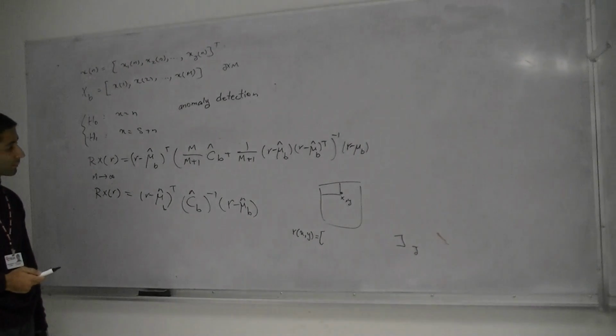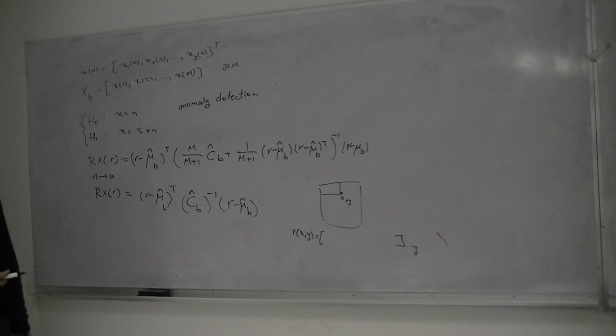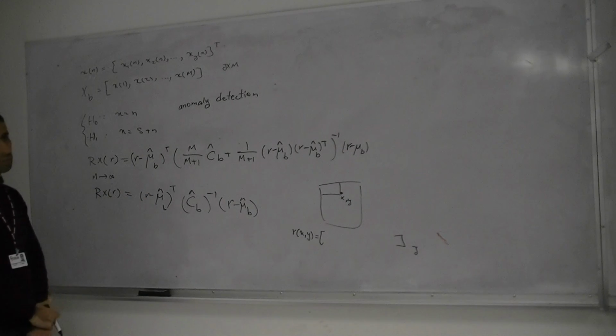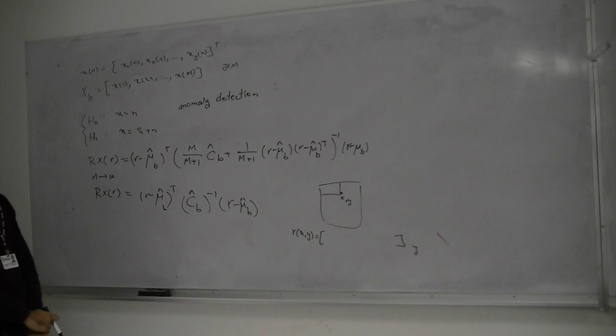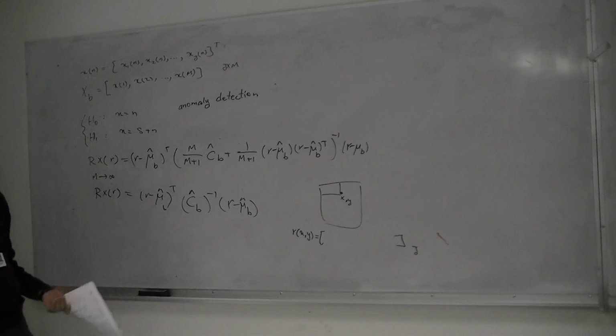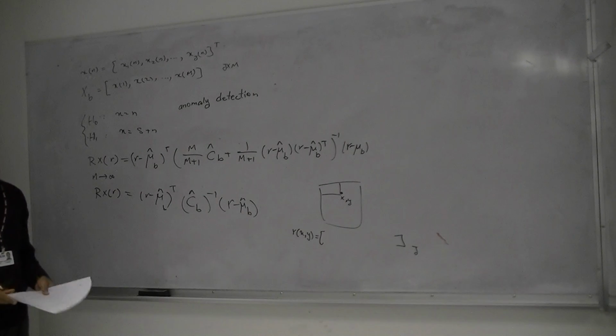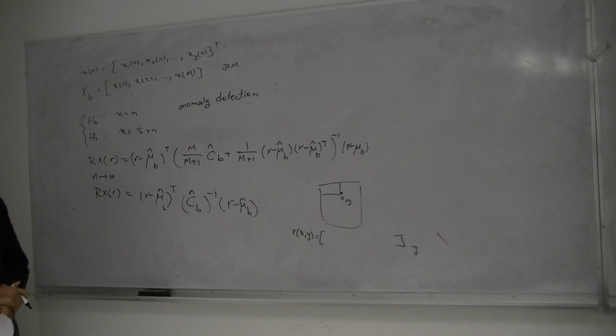And the mean mu b is the mean of the spectrum, the estimated mean of all the data. Yeah, because we don't have all of the data. We have some captured data, and based on that, we estimate the mean.